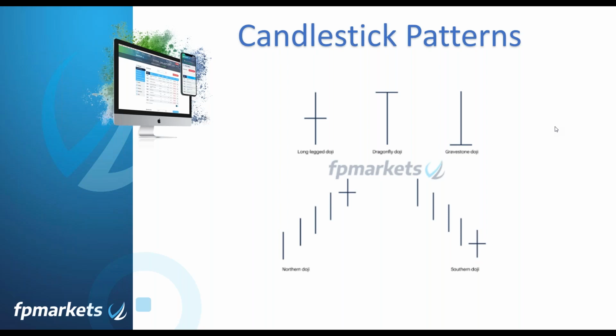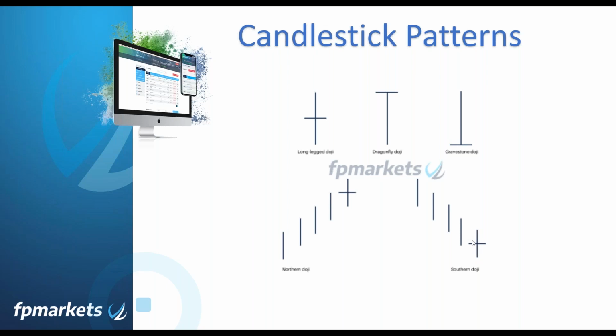The Doji is a reasonably colorful pattern, appointed different titles depending on where the open and closing prices fall and the position of the Doji formation on the chart. So as you can see from the slide, what you would call a traditional Doji candlestick formation can be seen at the bottom. Note that a Doji formation that precedes an up move is typically called a northern Doji, while the one that forms after a down move is termed a southern Doji.